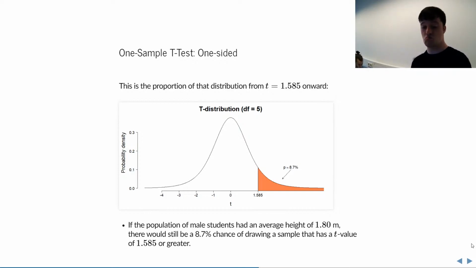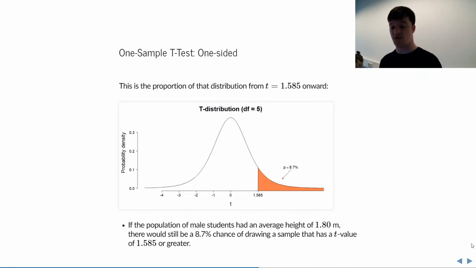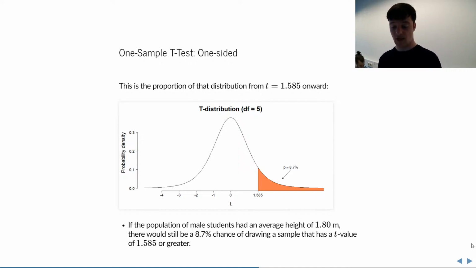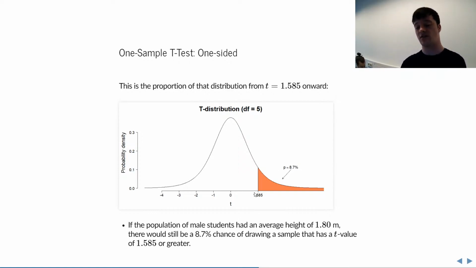Is that reasonable? Yeah, if you do 0.05 as your alpha value, then that is reasonable because 8.7% is larger. So you would not reject the null hypothesis and say these men may as well have come from a distribution with a mean of 1.8. Okay, the actual way to calculate this 8.7% from this value is done by integration, right?